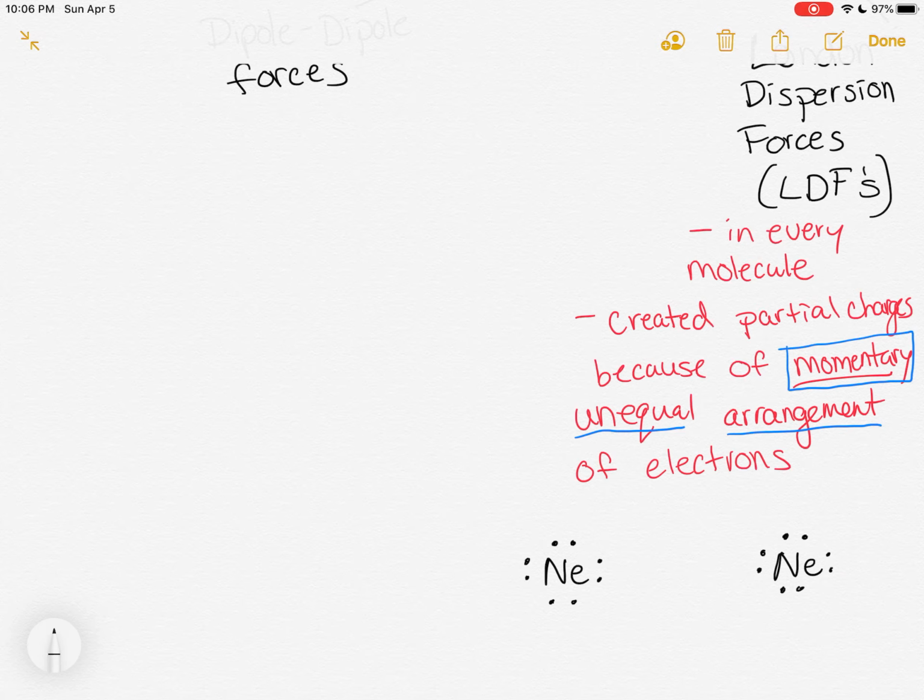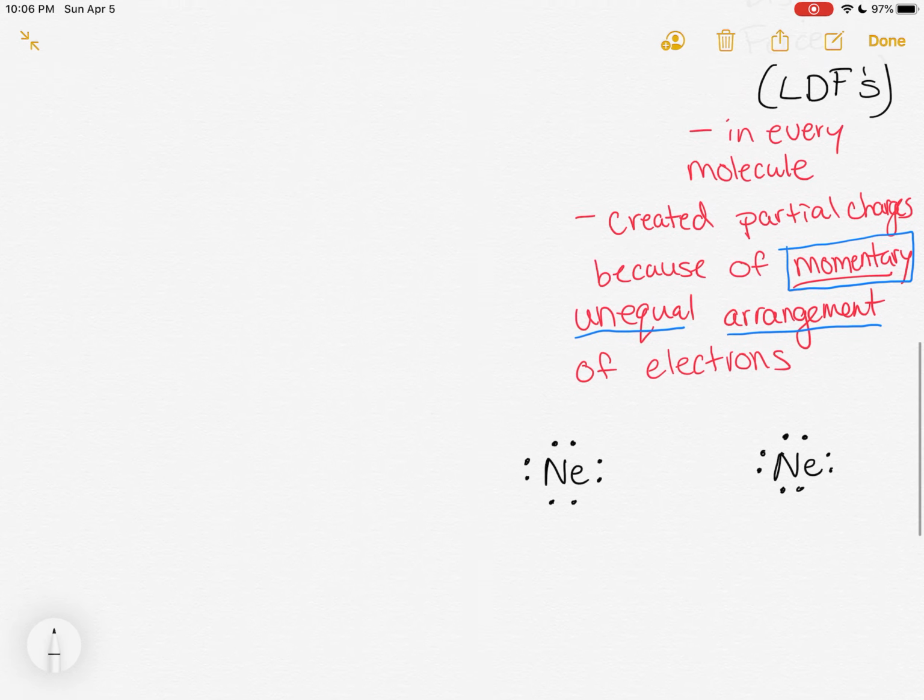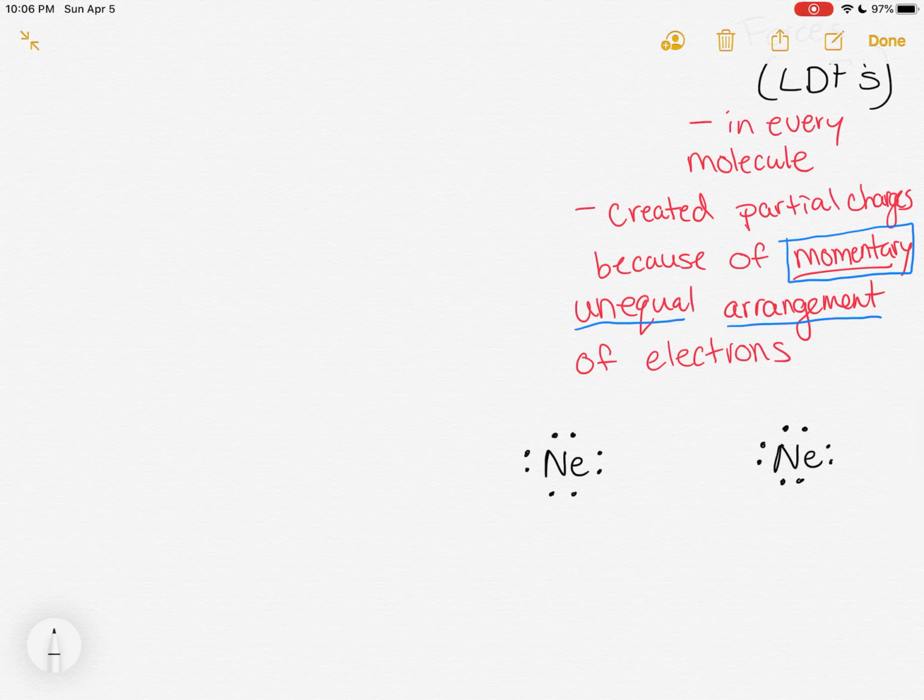And so we have these 2 atoms of neon. Now, when we distribute the electrons evenly, there are no partial charges between these 2 neon atoms, and so they will feel no attraction to each other. But at some moment in time that's a little bit later, we have these 2 neon atoms.